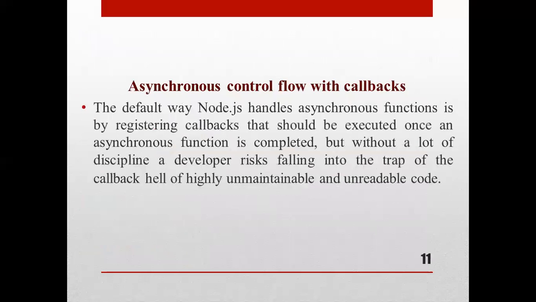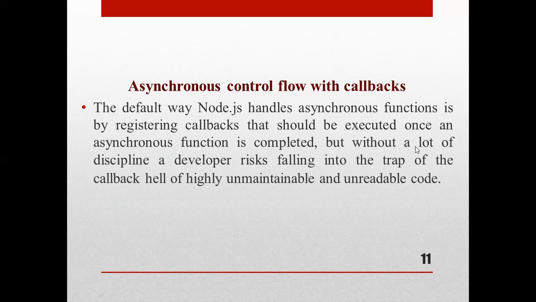So the next point is asynchronous control flow with callbacks. The default way Node.js handles asynchronous functions is by registering callbacks that should be executed once the asynchronous function is completed.